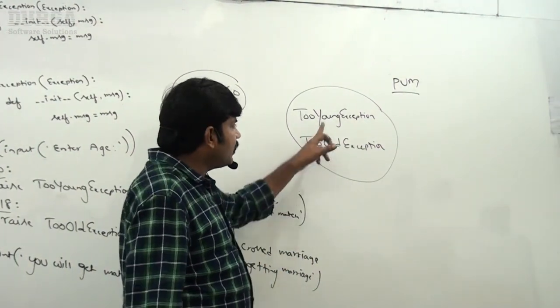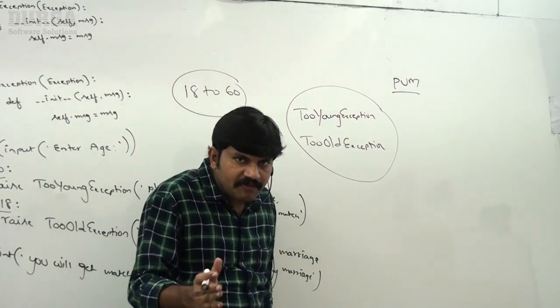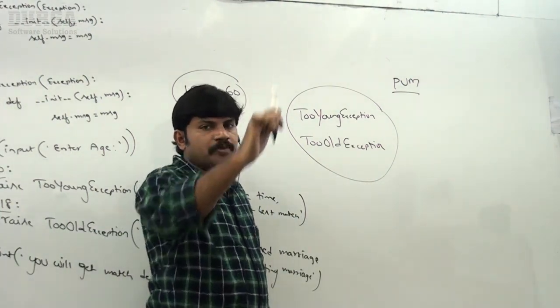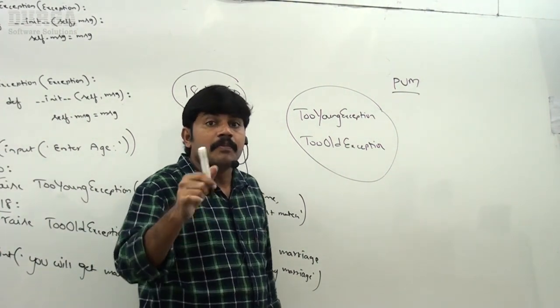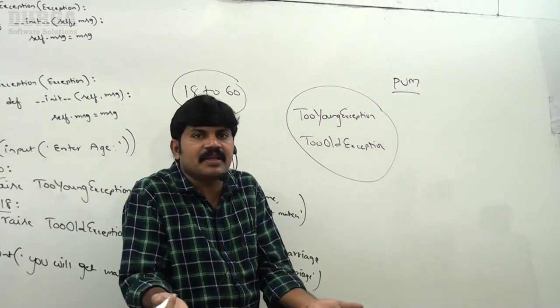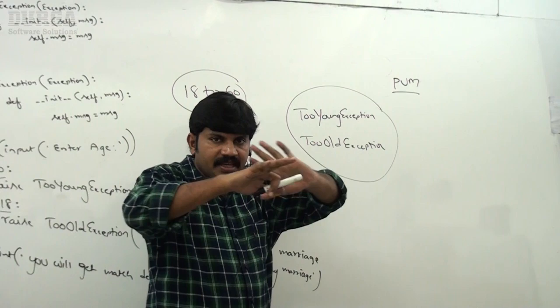So when this exception should be raised, PVM does not have any information. Who is responsible to raise it? The programmer is responsible, based on our programming requirement and functionality. I have to raise this exception. PVM has no idea.